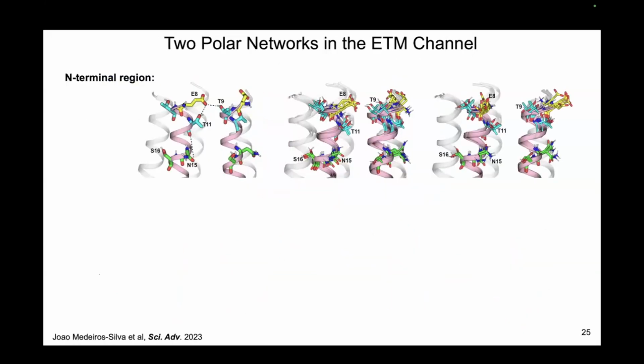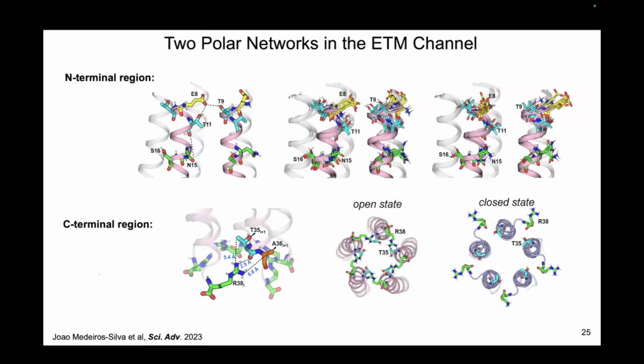What does the structure tell us about the potential ion conduction mechanism? It turns out that in the N-terminal segment, about 7 or 8 residues, there are a number of polar residues. For example, this glutamic acid, and then there are several threonines, and then there's asparagine here. Based on the low pH structure, we find that this glutamic acid can adopt 2 types of configurations.